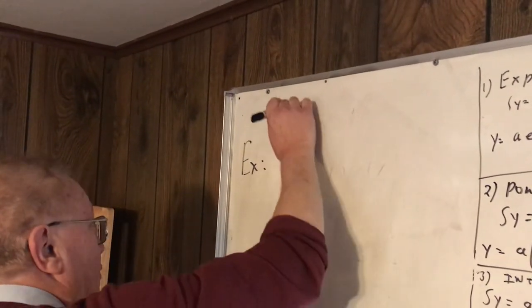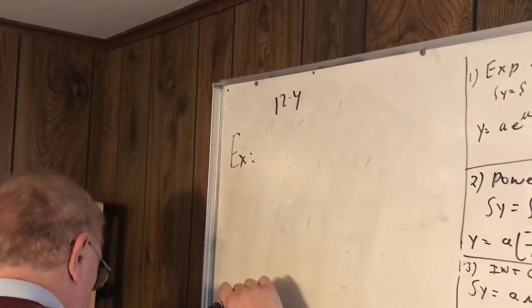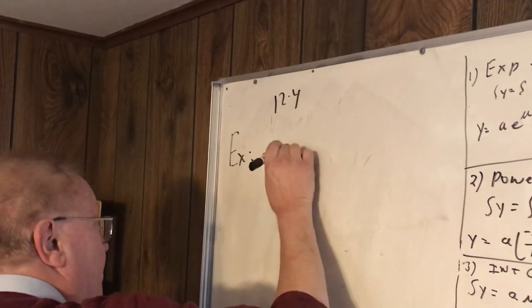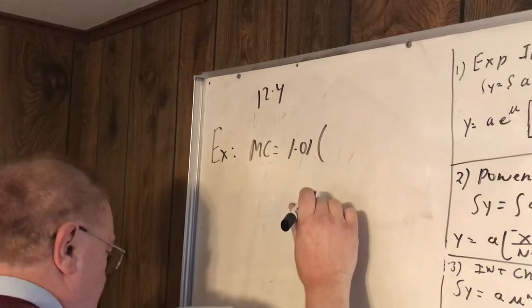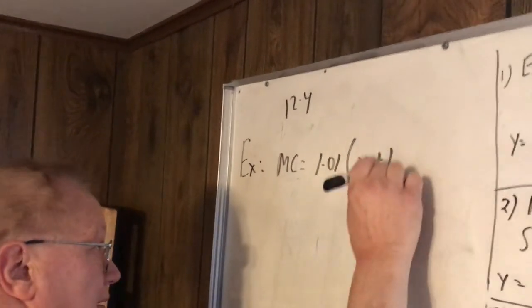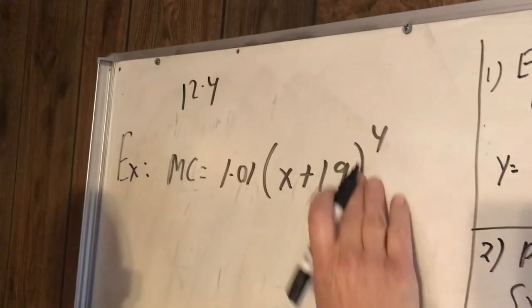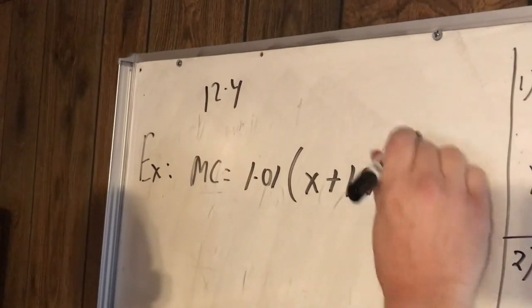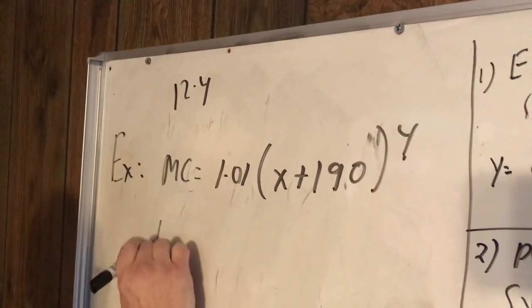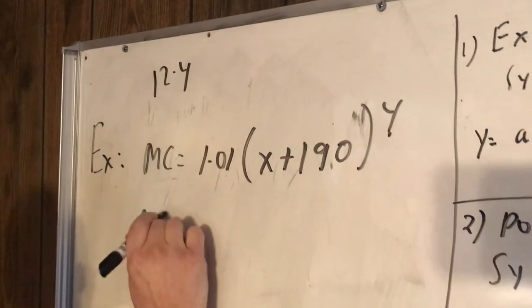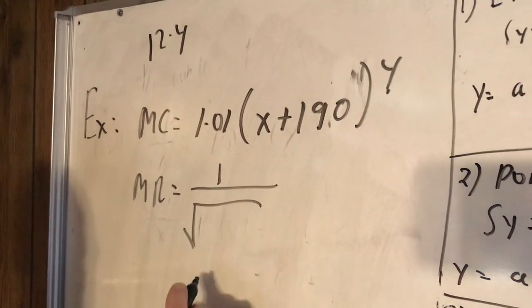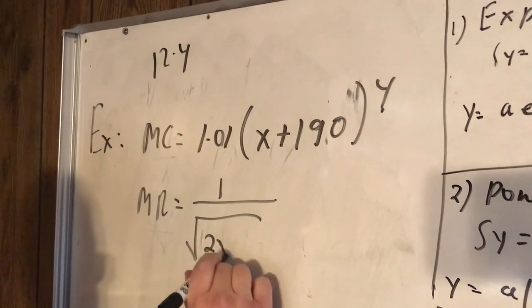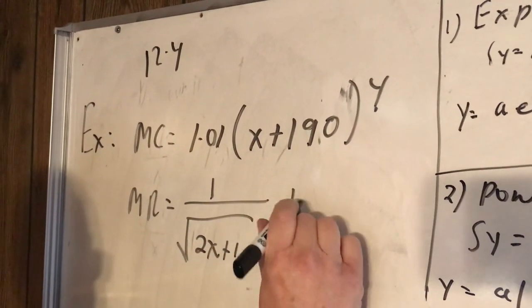This is, of course, section 12.4. I've got the marginal cost equals 1.01x plus 190 to the fourth power. Marginal revenue is 1 over the square root of 2x plus 1, plus 2.